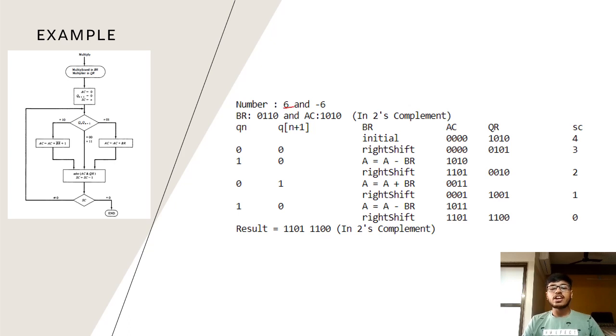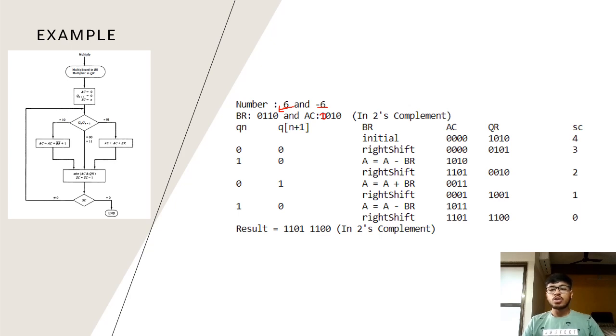We have taken 6 and minus 6 into consideration, and now we will multiply 6 and minus 6. Firstly, we will take BR as 0 1 1 0, in two's complement form, and the accumulator AC will be 0 0 0 0.